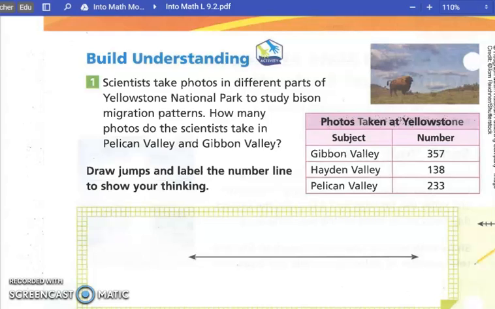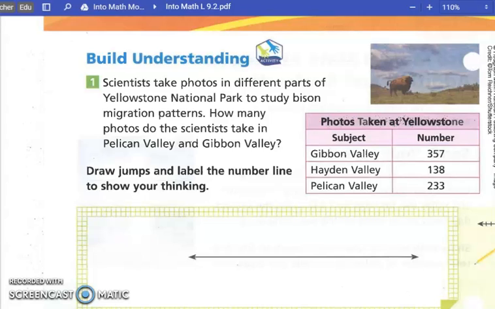So what they're saying is that buffalo travel to different parts of Yellowstone National Park during the winter and summer. So there they go. They go from Pelican Valley to Gibbon Valley, it looks like. It says draw jumps and label the number line to show your thinking.